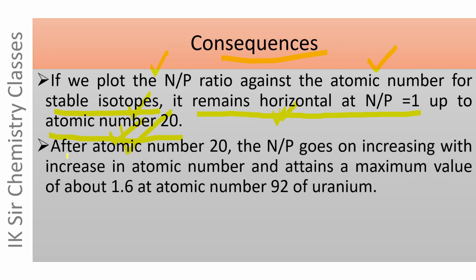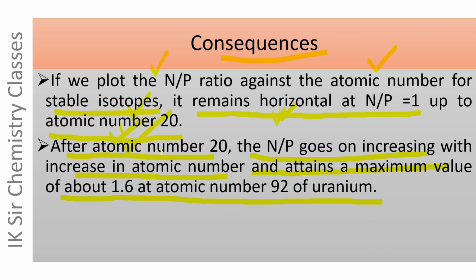Thereafter, that is after atomic number 20, the N by P ratio goes on increasing with increase in atomic number and attains a maximum value of about 1.6 at the atomic number 92 of uranium.